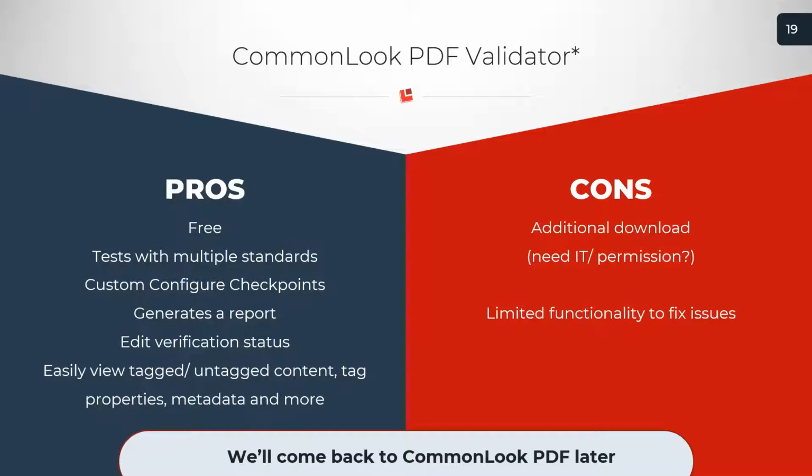So basically it's going to show you all the aspects of a PDF document that you need to either fix in your document or that your document's fully accessible. It passes checkpoint by checkpoint, which is great. So that's Common Look Validator. So these are three tools that you can use to test content and determine whether it's accessible or not, or determine how much work you're going to have to do to move forward.